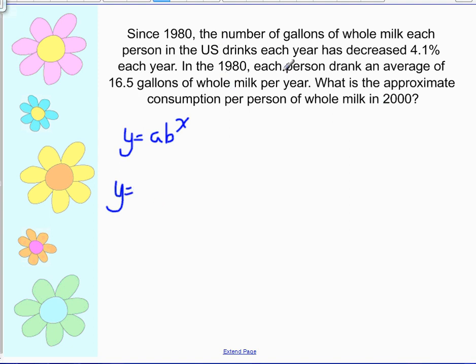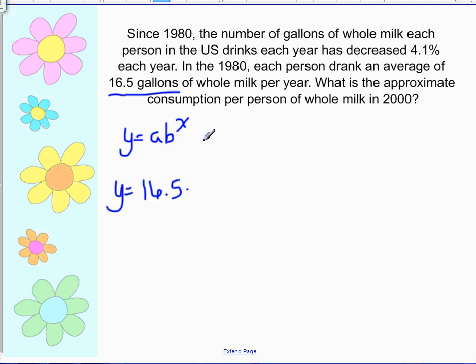It says in 1980, each person drank an average of 16.5 gallons of whole milk per year. So in this case, the 16.5 is going to be my starting amount. Multiply that by, however, it's increasing or decreasing.